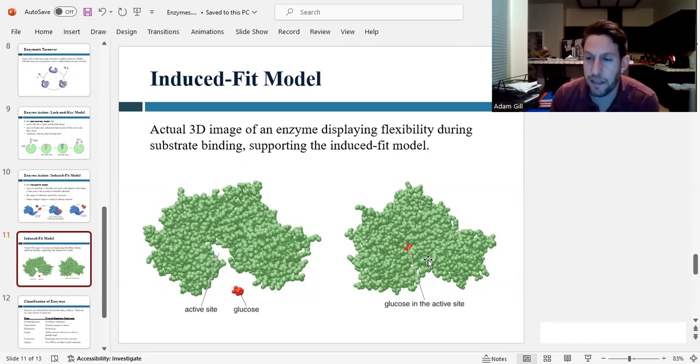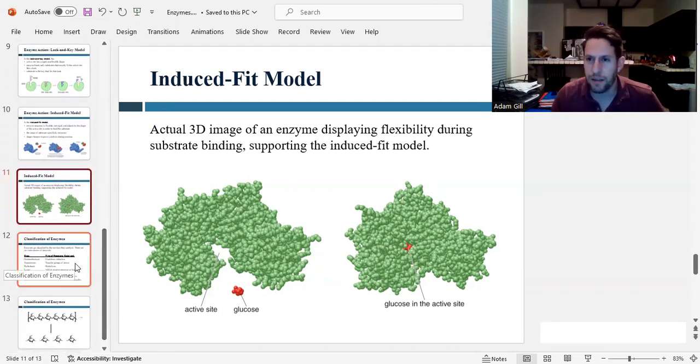And this second image is when glucose is bound. These are the actual 3D shapes that we've gotten through X-ray diffraction experimentation. And you can see that the enzyme just completely folds around the glucose really tightly. So it induces a better fit when the substrate binds. So flexible enzyme, substrate comes in, it folds in, grabs it tighter. That's the induced fit model.